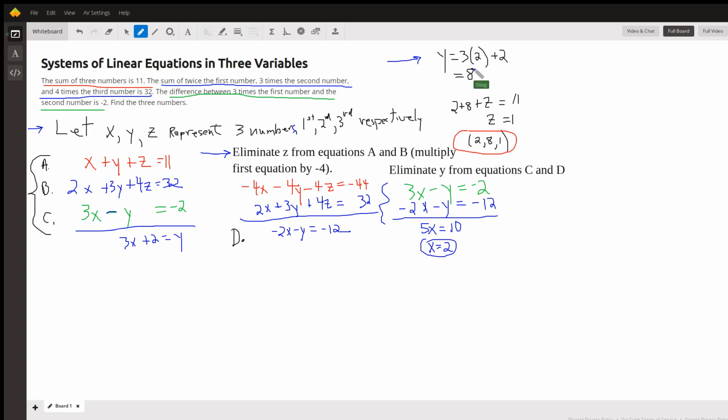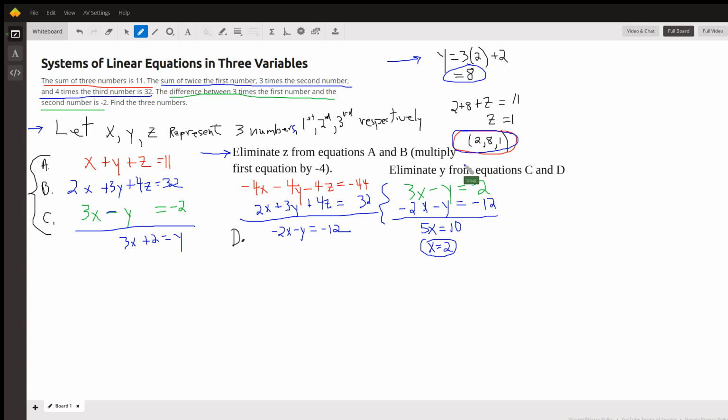So y equals 8. And once you have what y is, you can substitute the known values of x and y into probably equation A is the easiest one. 2 plus 8 plus z equals 11. z equals 1. There's your solution set right there, x, y, z.